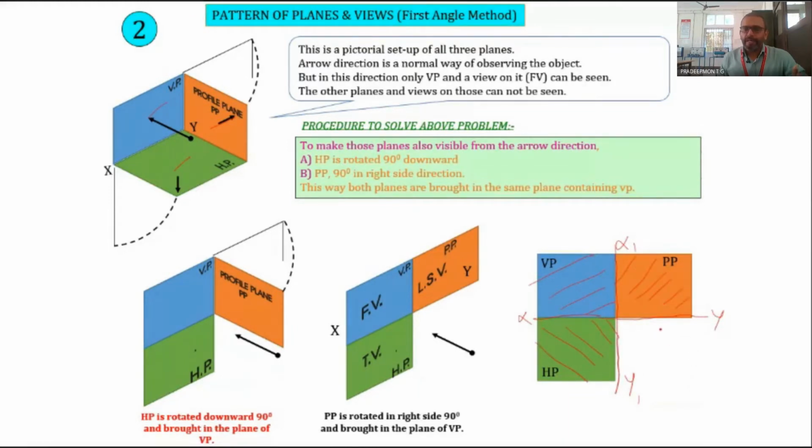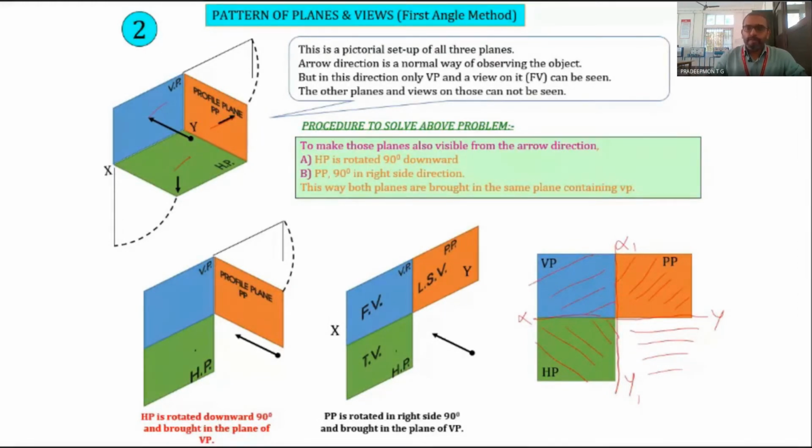And this particular area is nothing actually. Normally, there won't be any drawing in that area in the first angle projection method. There will be some drawings if you want to draw the side view. In that case, there will be some lines, but they are not part of our original drawing. They are known as construction lines. So that will be on the right hand side of the bottom part.